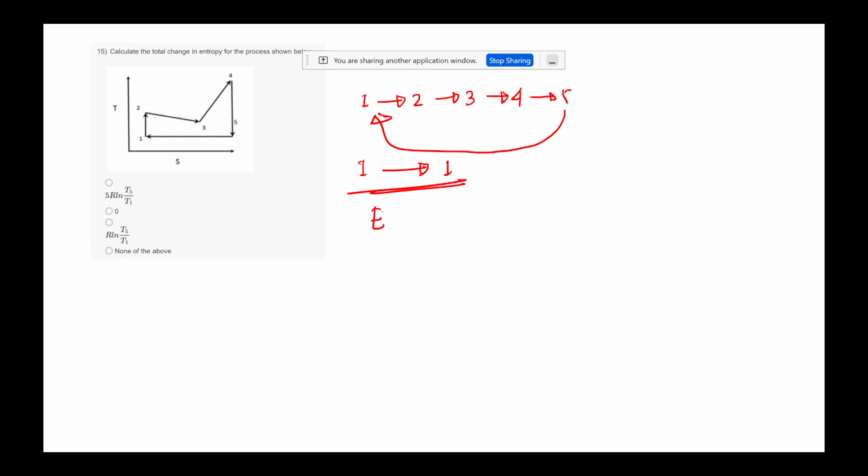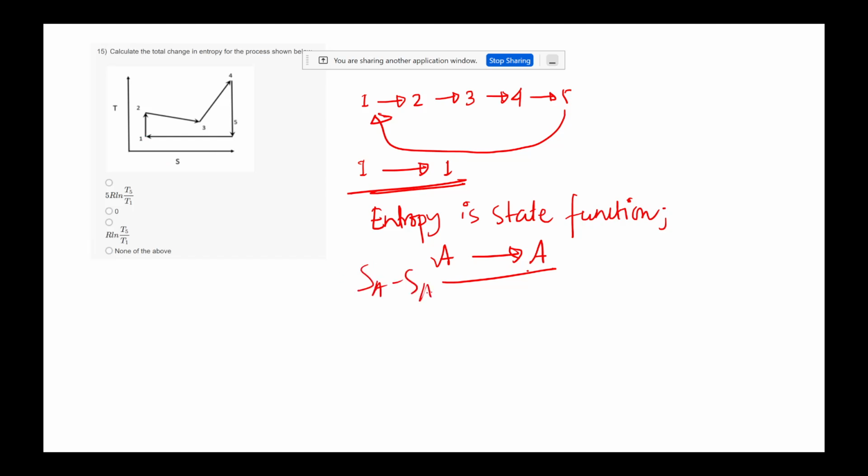Now we know entropy is a state function, right? It starts from state A and then comes back to state A. Since it is cyclic, it goes back to the same state. So the change SA minus SA is always 0, right? So this change will always be 0.